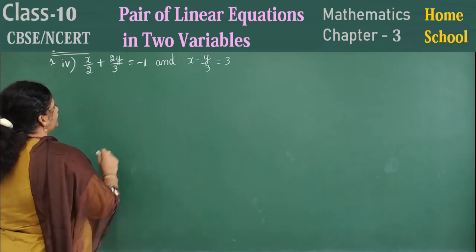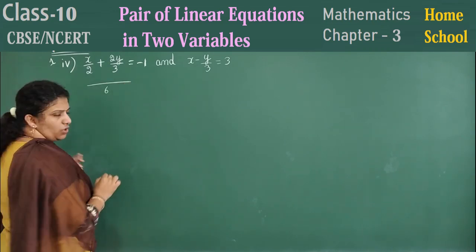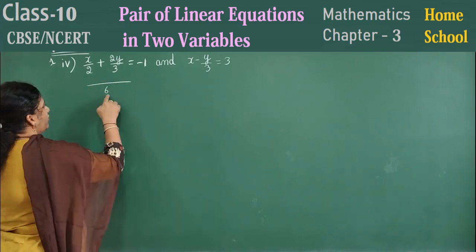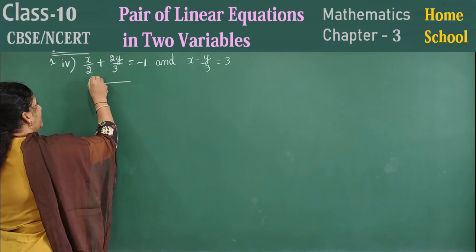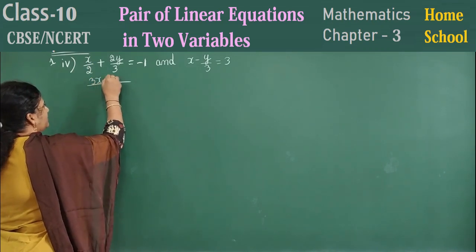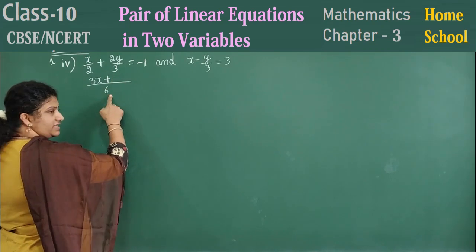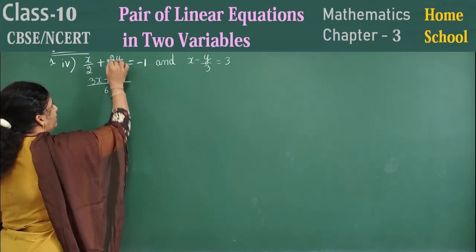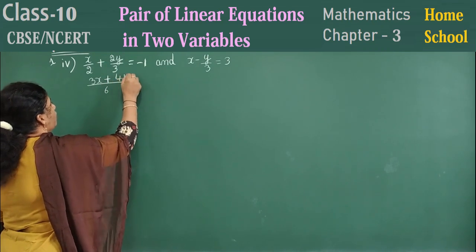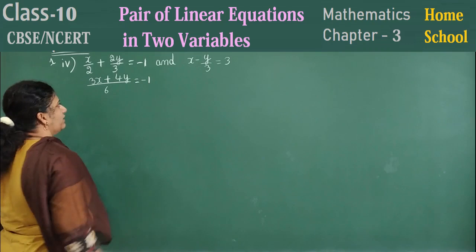The LCM of 2 and 3 is 6. Okay? 2 table, where you get 6? 2 3s. That 3 multiplies 3x plus 3 table, where you get 6? 3 2s, right? That 2 multiplies the numerator, 2 2s, 4y is equal to minus 1.